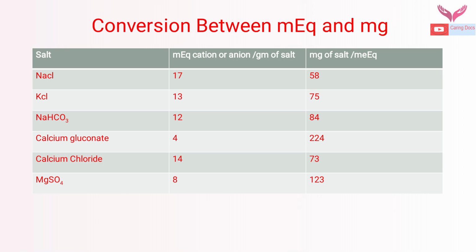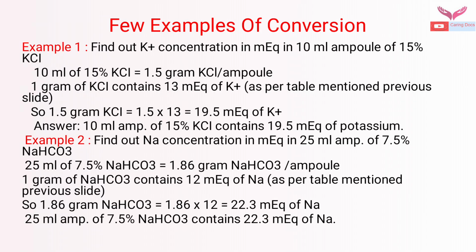For potassium chloride, the milliequivalent of cation or anion per gram of the salt is 13, and milligram of the salt per milliequivalent is 75. Similarly, for bicarbonate it is 12 and 84. For calcium gluconate it is 4 and 224. For calcium chloride it is 14 and 73. For magnesium sulfate it is 8 and 123.